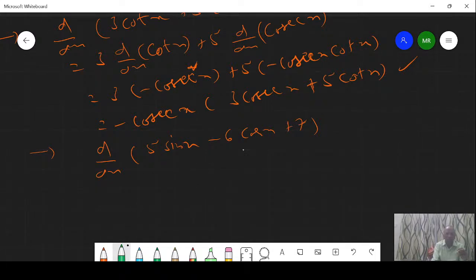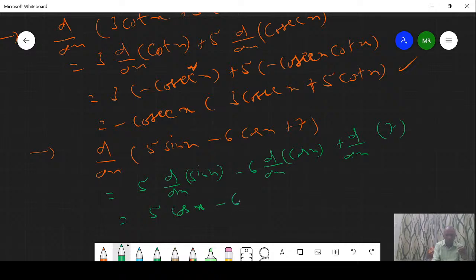In this problem, I can write 5 into d by dx of sin x minus 6 into d by dx of cos x plus d by dx of 7. The derivative of sin x is cos x, and the derivative of cos x is minus sin x. How do you know this? In the beginning I have given the list, you should remember that. Derivative of a constant is 0.